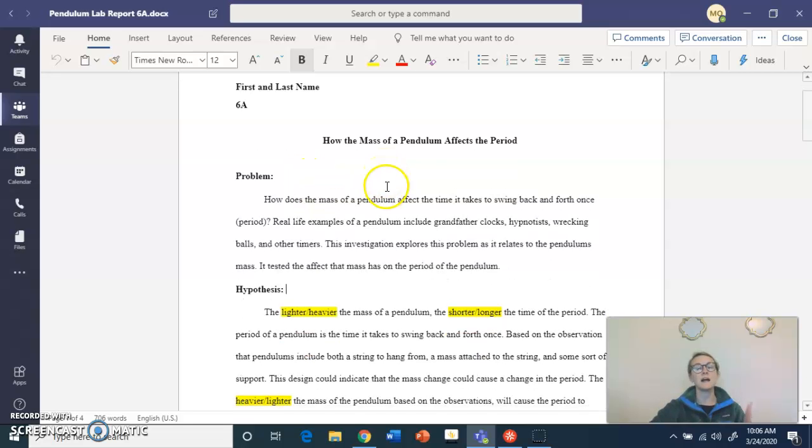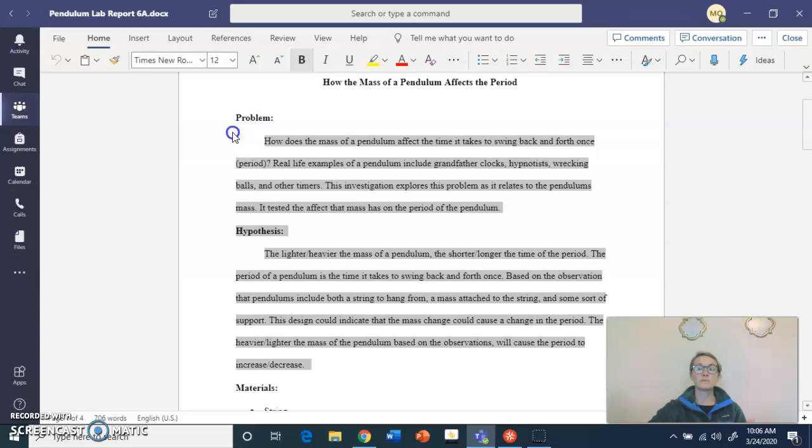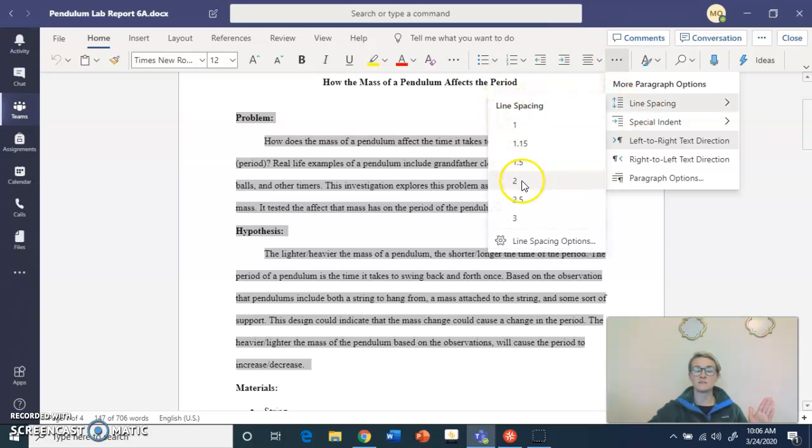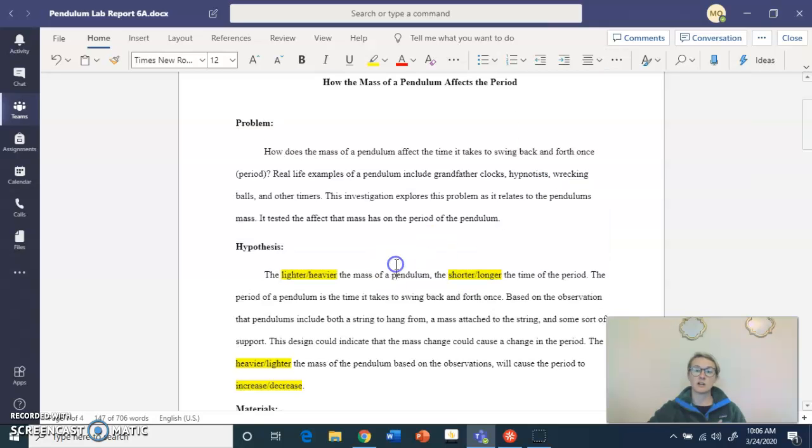Okay, after you have done that, in order to make sure that it is double spaced, you have to highlight the whole thing and go up to this more font options, more paragraph options up here, and you have to go to line spacing and make sure that it is double spaced in your document.